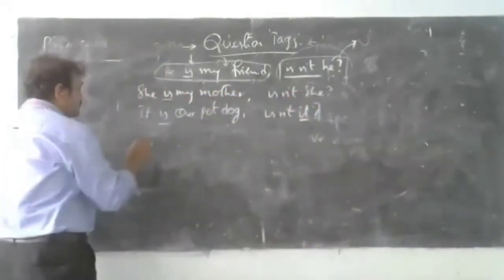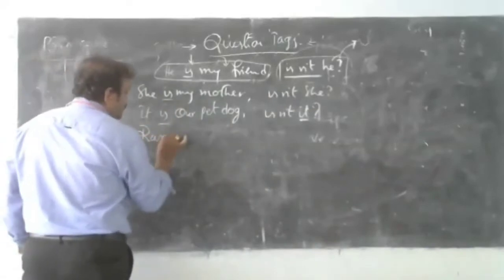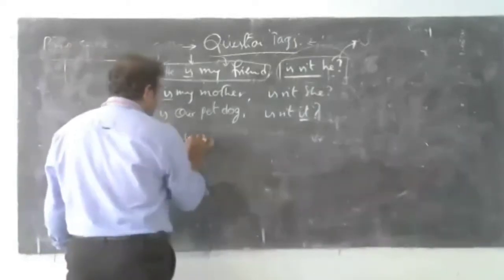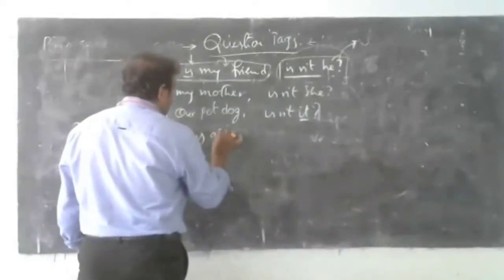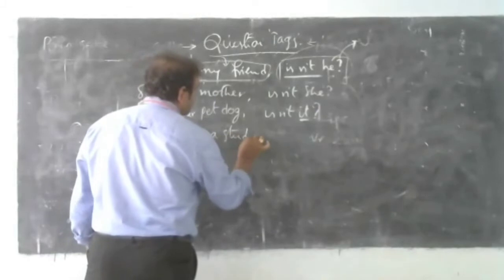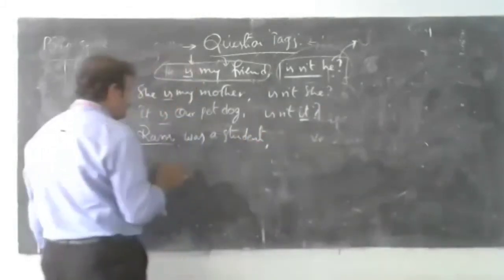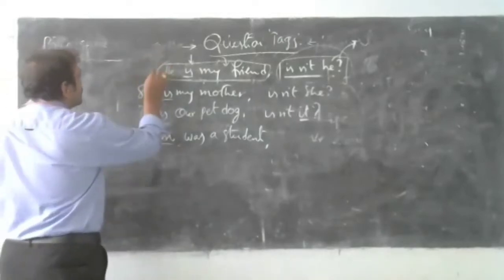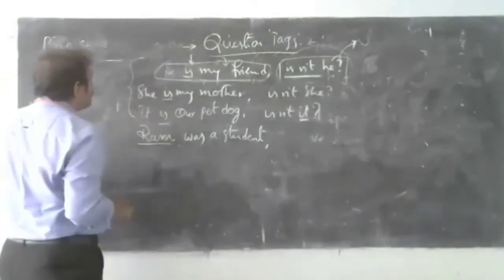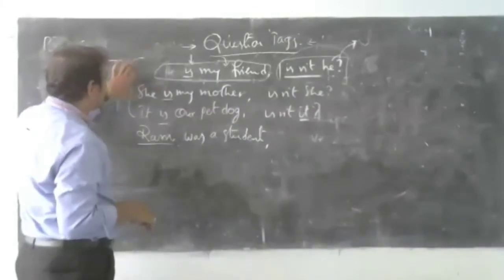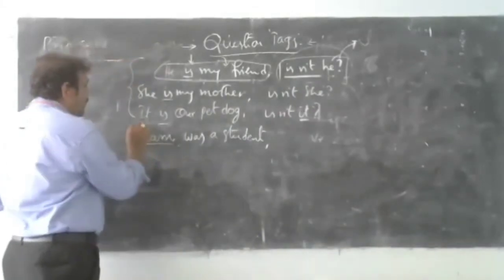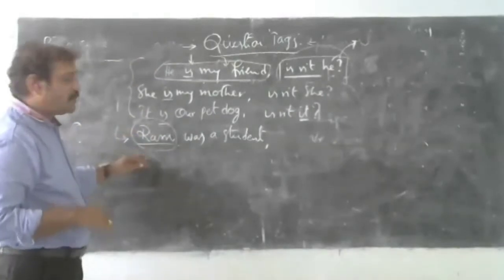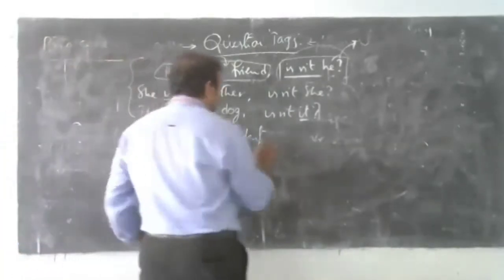What happens if we use a noun like this? Ram was a student. Guess what it is? We use the pronouns he, she, it, and here we use a noun in the sentence. Ram was a student.